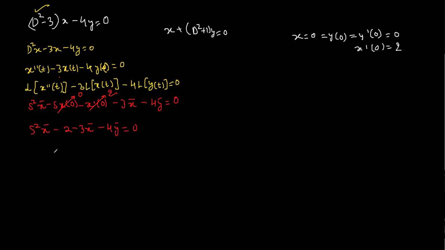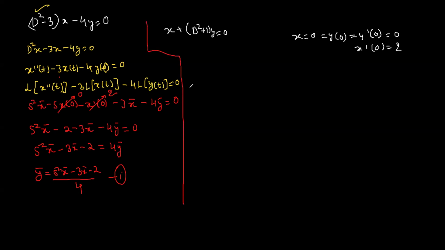Right? So from this equation you got what? 4y bar, right? So y bar is, upon 4. Understood? From first equation. Similarly, we will solve second equation.